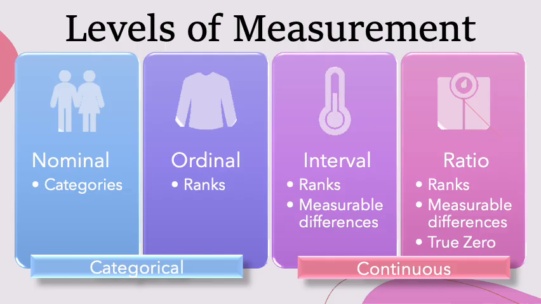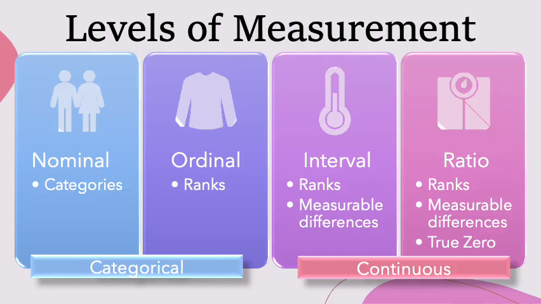The distances between the categories in interval level data are assumed to be equal and are measurable. So we can't measure the difference between small, medium, and large, but we can measure the difference for the interval level.